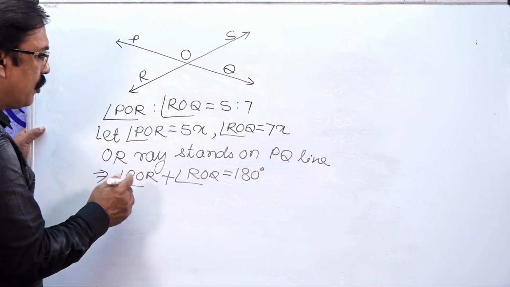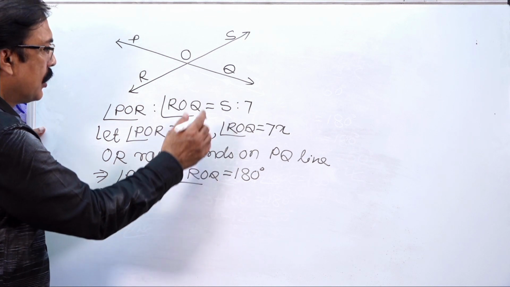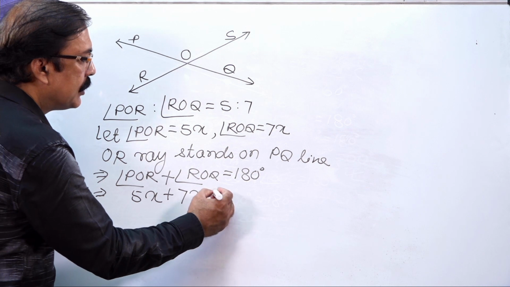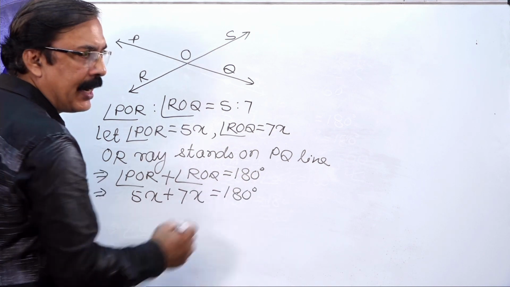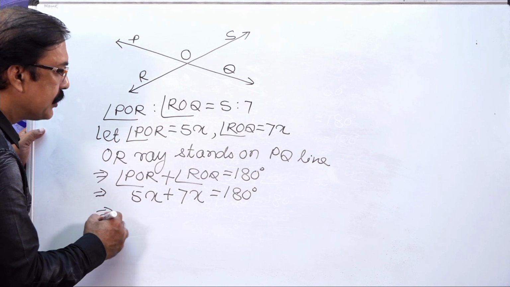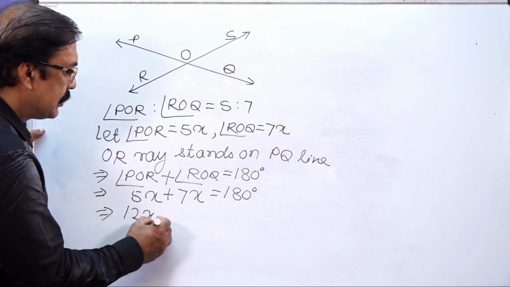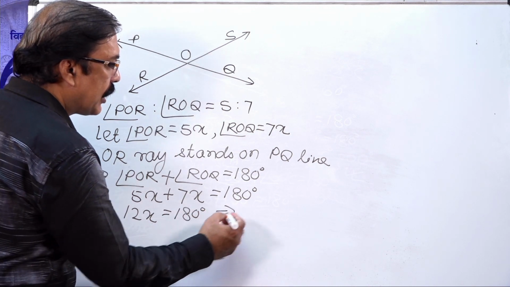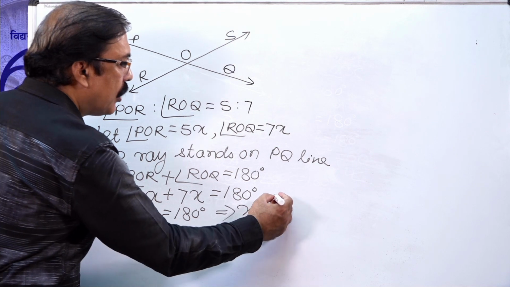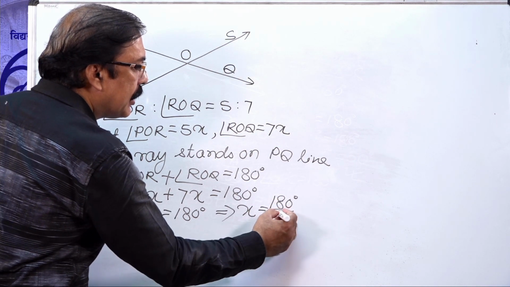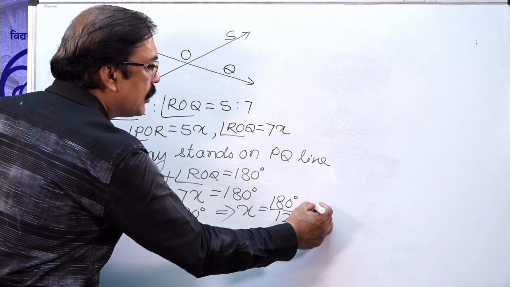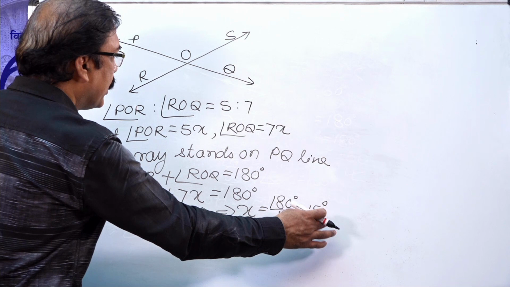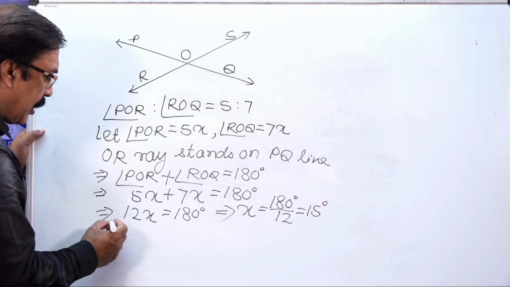Now substitute the values of POR and ROQ, that is 5x plus 7x is equal to 180 degrees. That gives 12x is equal to 180 degrees, which again says that x is equal to 180 degrees by 12, that is 15 degrees.